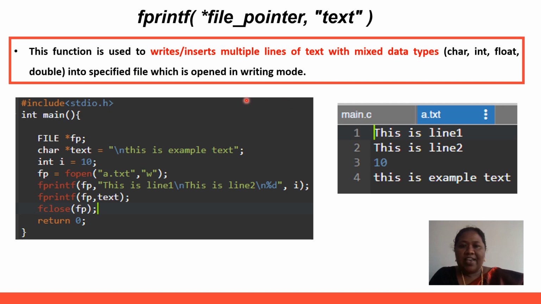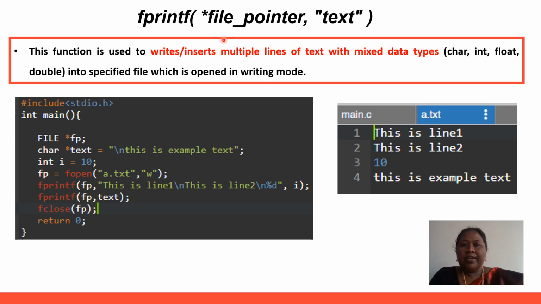The next one is the fprintf function. The fprintf function takes two arguments. The first one is the file pointer, the second one is the text. So it writes multiple lines of text mixed together. So far we have learned one single text, or one single integer or numerical value. But if you want to send a combination of inputs, one by one, how is it possible? Keep the file in write mode and then start.